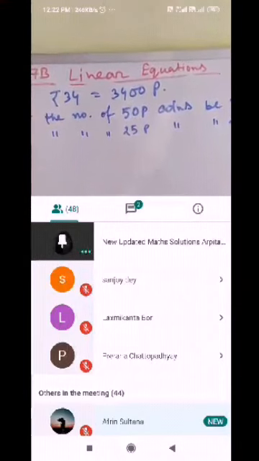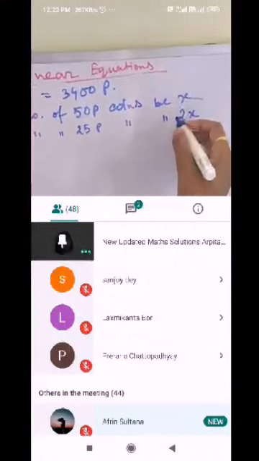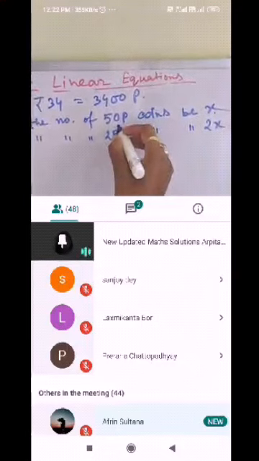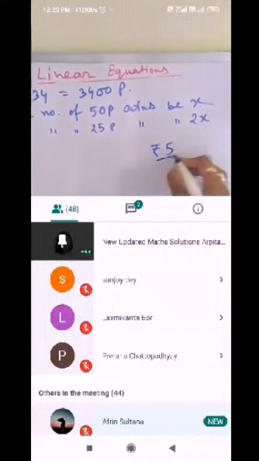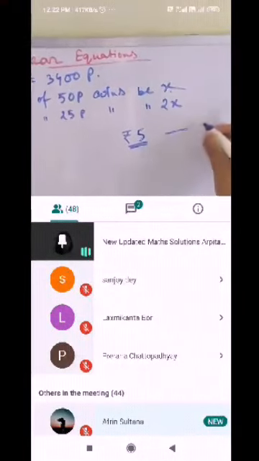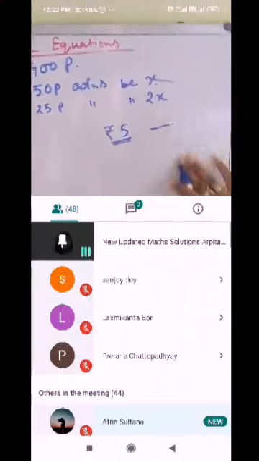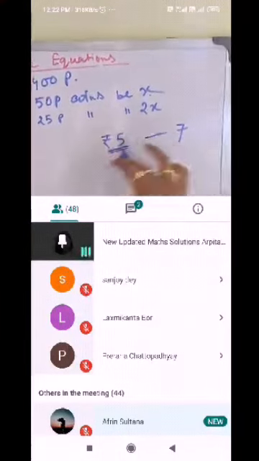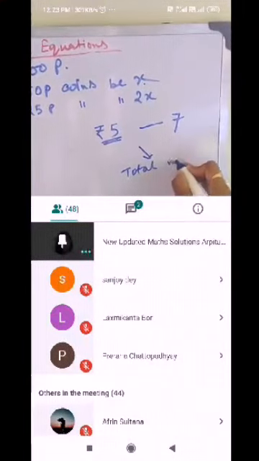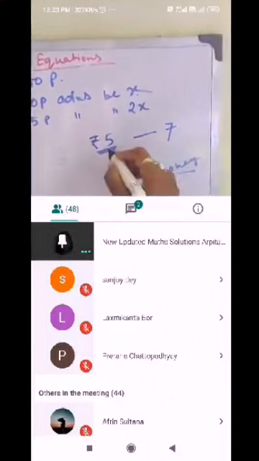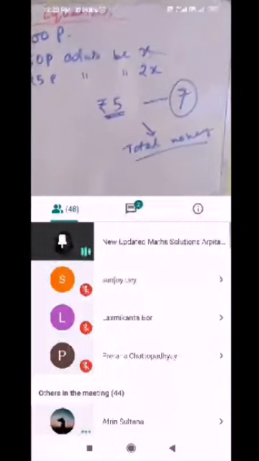Now here I will tell one thing. Number of coins and the value of a coin give the total money. That means if you have seven 5 rupee notes, how much total money do you have?